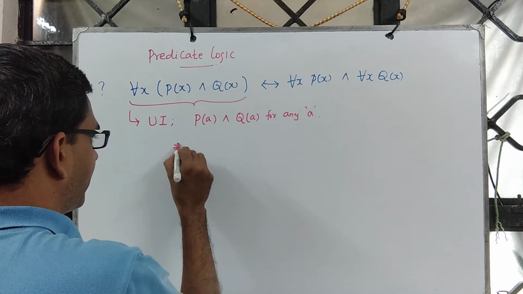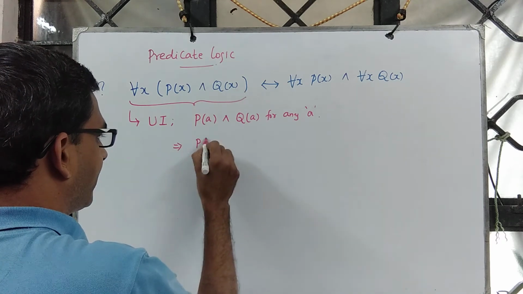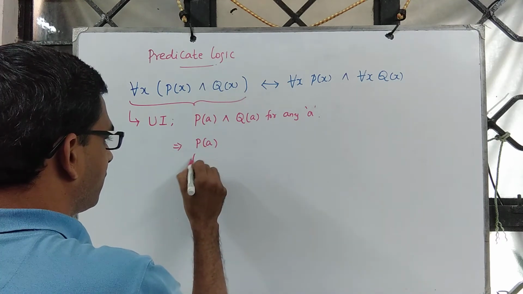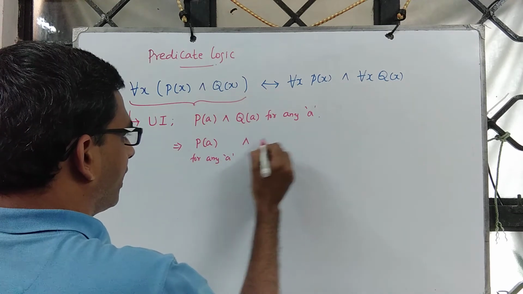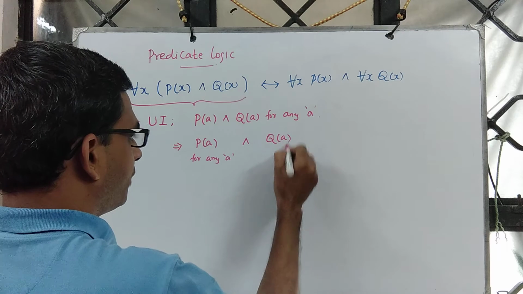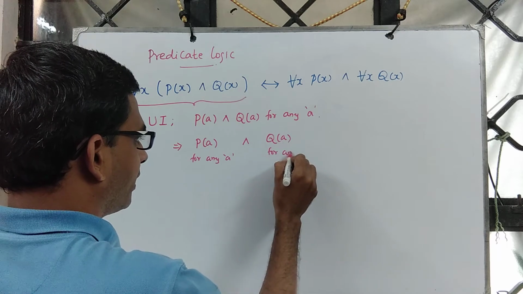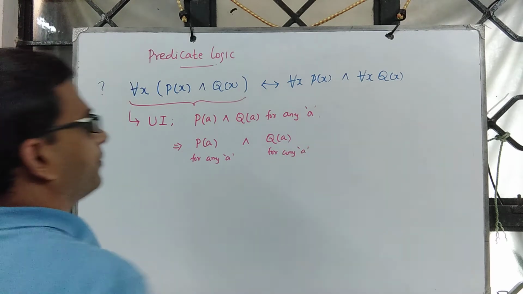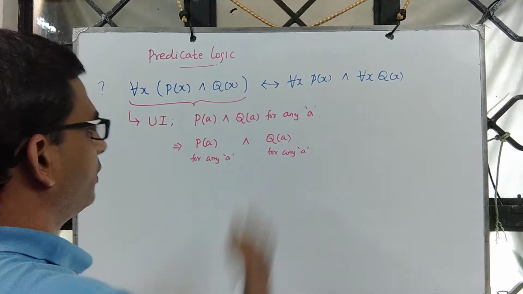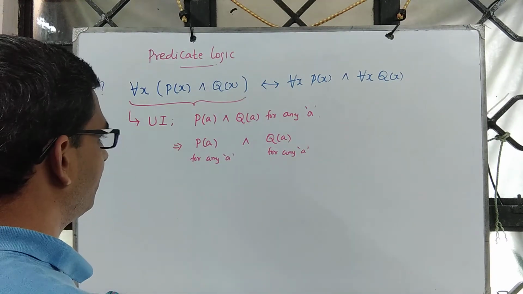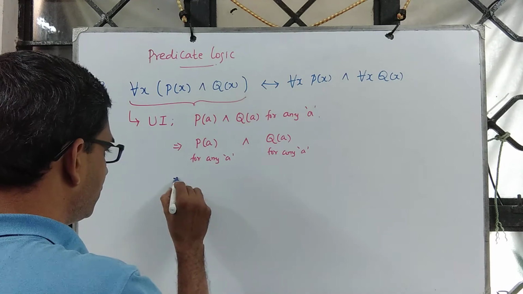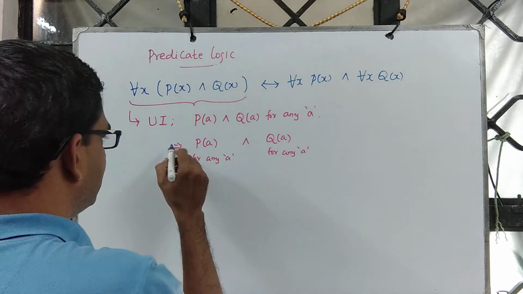Then this implies that I can write p of a for any a and q of a for any a. This a is applicable to both. Now I am associating with each of them so that there is clarity when we simplify. So this and this are equivalent.